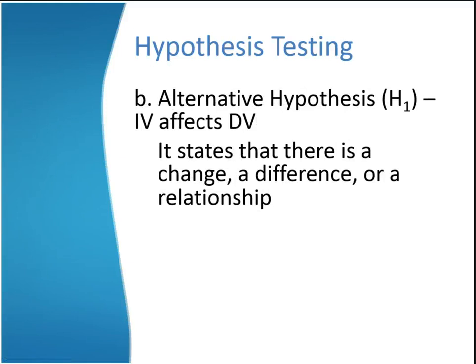We also have to have an alternative hypothesis, and we call this the H sub 1, or the research hypothesis. Whatever it is that you're hoping to find is called the alternative hypothesis, research hypothesis, or H sub 1. We want you to be really confused. Sorry.